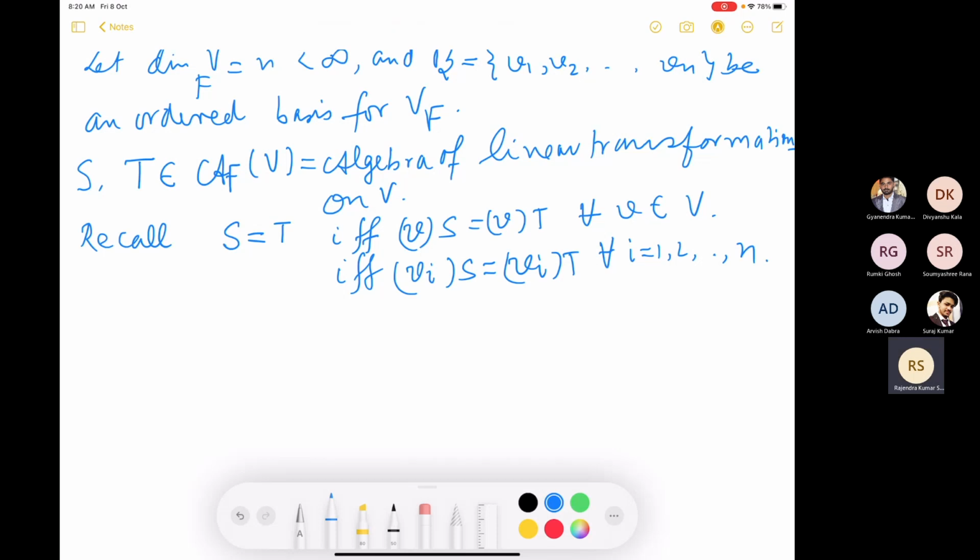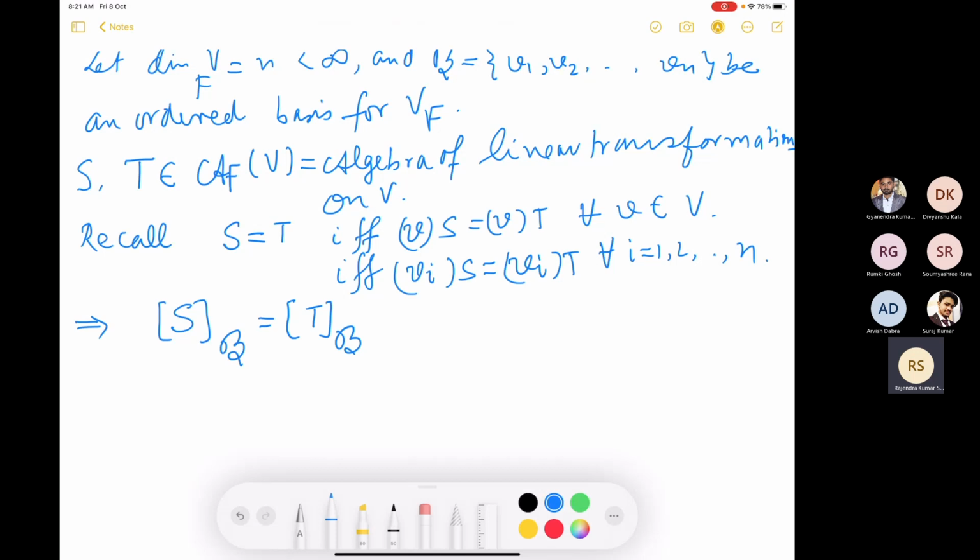Now, if that is the case, what do we get here? If S and T are equal, therefore, the matrix of S with respect to the ordered basis B and the matrix of T with respect to the ordered basis B will be equal. Because that's what you write. To write SB, you write ViS as a unique linear combination in terms of the vectors Vi.